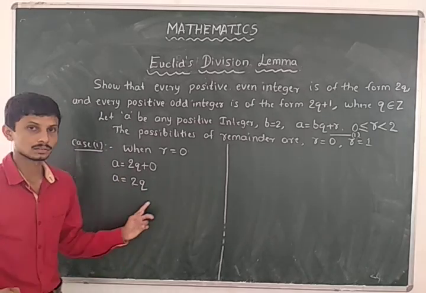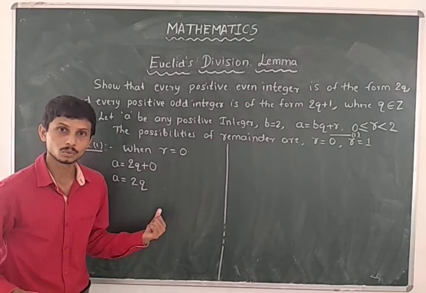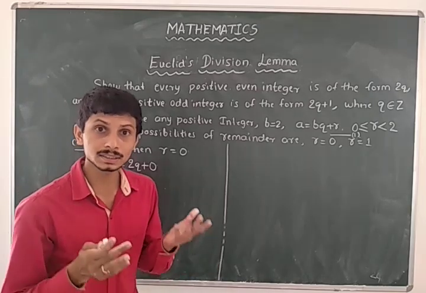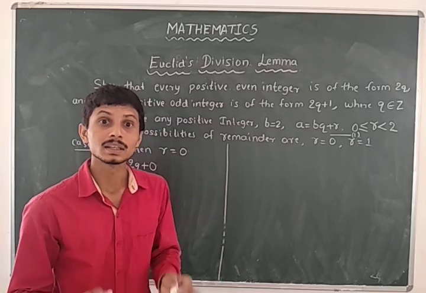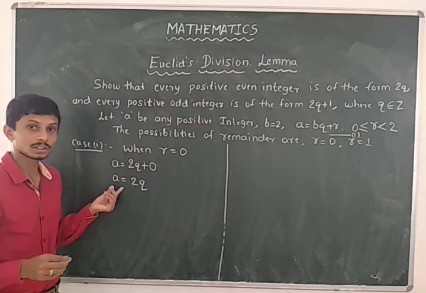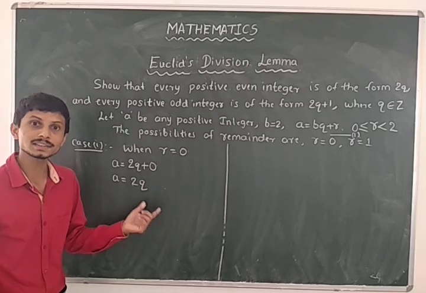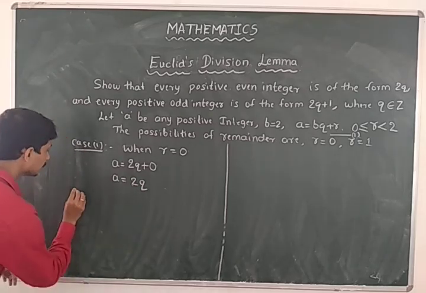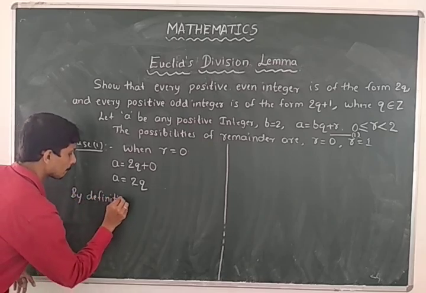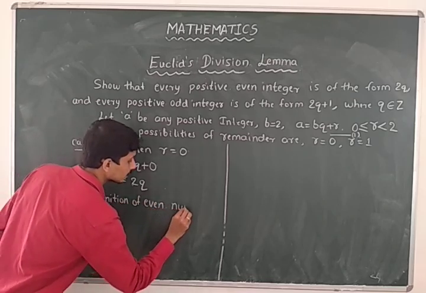From this equation we understand that a is completely divisible by 2. According to the definition of an even number, any number we consider as an even number must be divisible by 2. That means a is completely divisible by 2 because the remainder is 0 here. So a is an even number by the definition of even numbers.